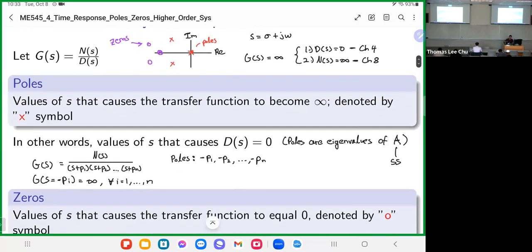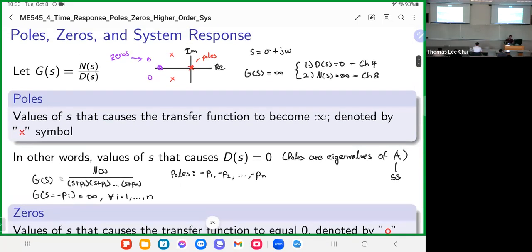What that tells us is poles tell us the stability of our system. If you have one positive pole, that's all it takes for your system to go unstable. For it to be stable, you need all the poles to have negative real parts.